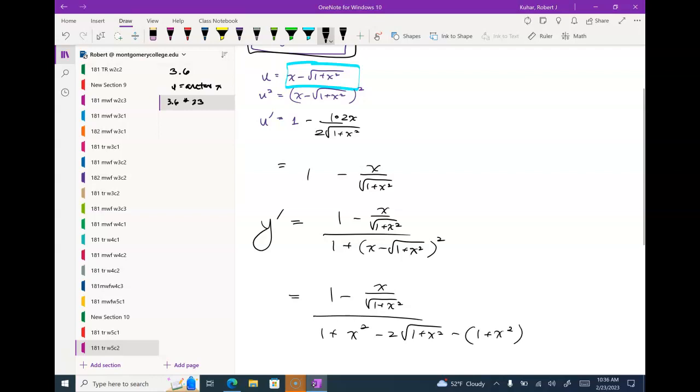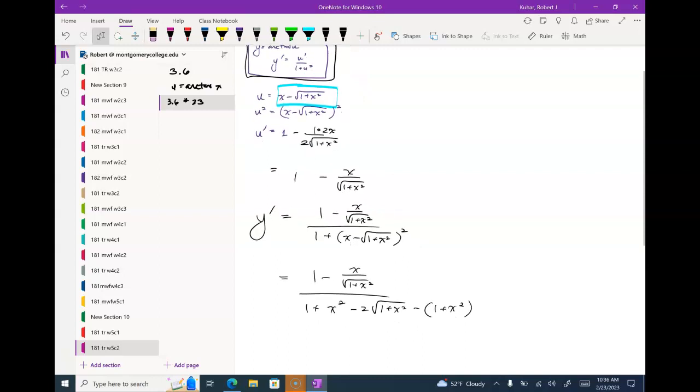So I'm just doing FOIL in my head there, but again, you're going to copy your notes over later. Don't skip steps. Make sure if you need to FOIL it out with arrows or on the side, you do that. I'm saying, over on the side, x minus square root of 1 plus x squared times another one.